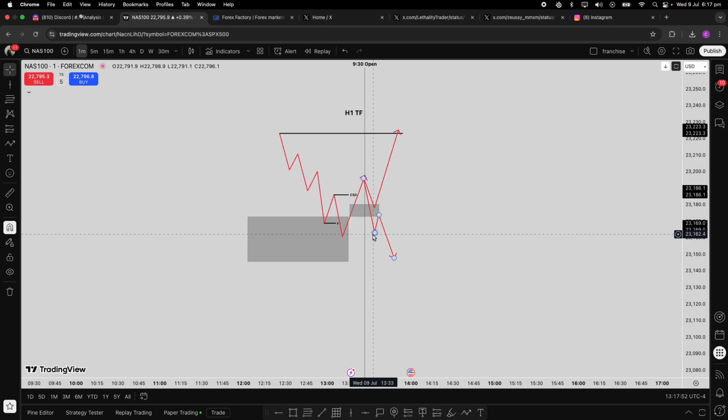However, what is likely to happen is more of a PM session then sweeps this to then go higher, because we have to understand time and open, high, low, close.